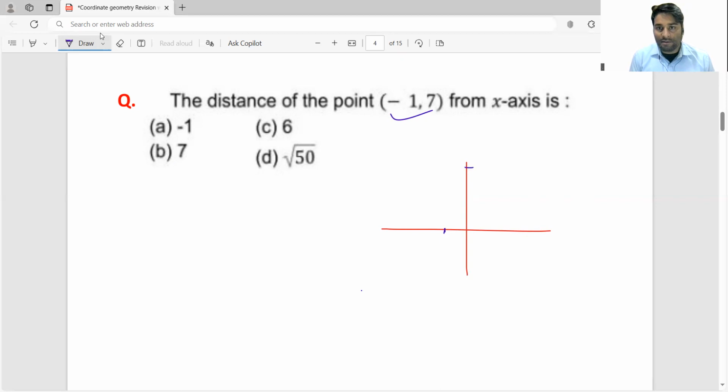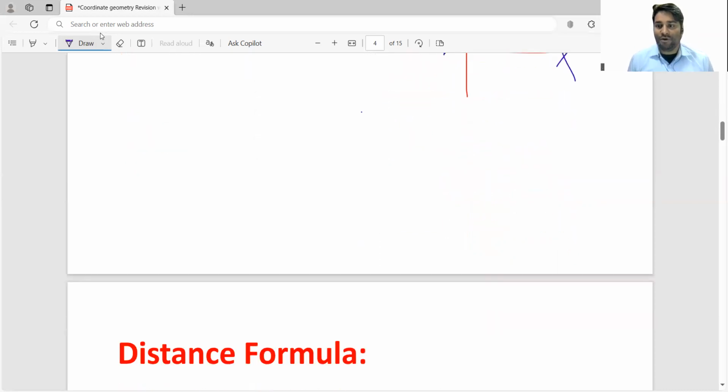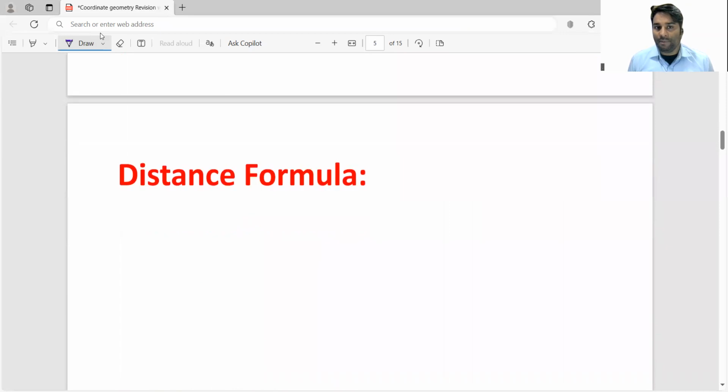Distance from the x-axis will be 7 units, right? I have told you that this is the perpendicular distance from the x-axis, and this is from the y-axis. So option B will be correct. Very simple, right?